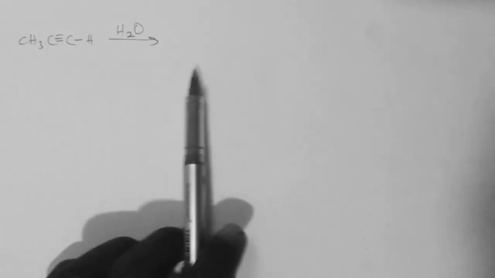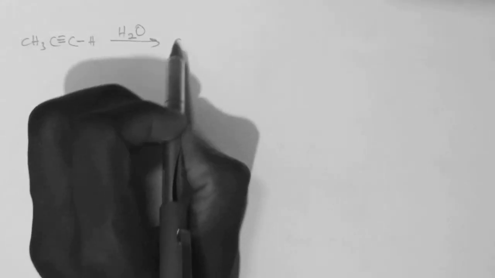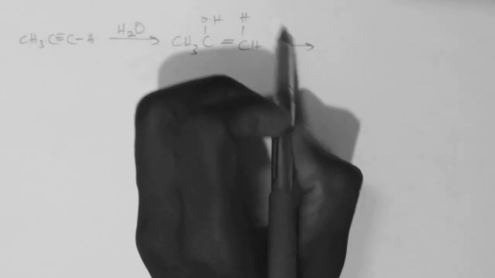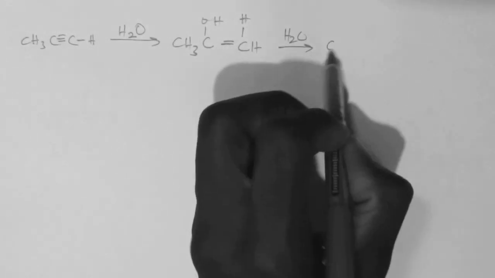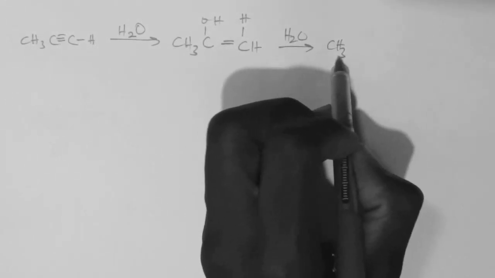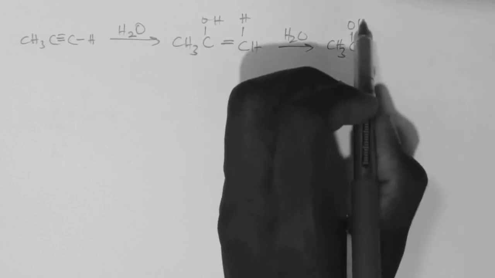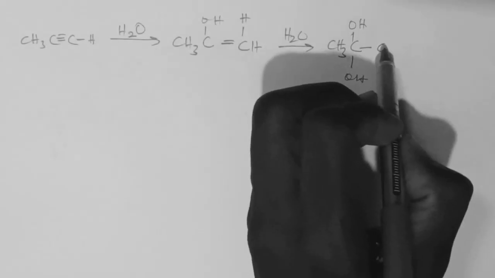And let's talk about hydration of alkynes. If you have an alkyne, you add H2O, you are going to form this product. And if you further put in another mole of water, then we are going to form a geminal diol.